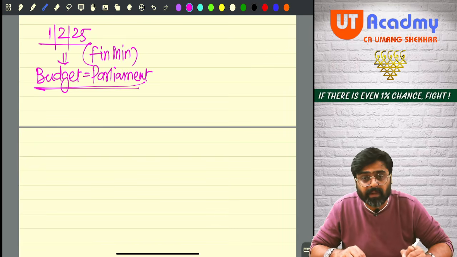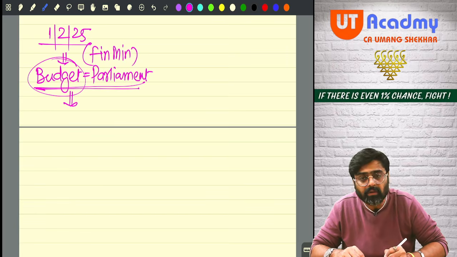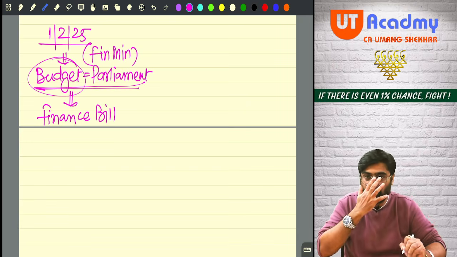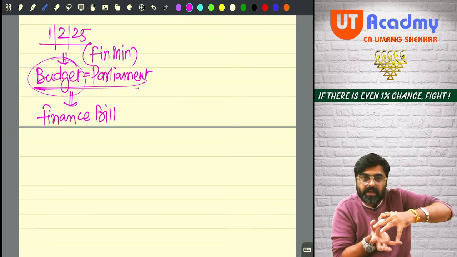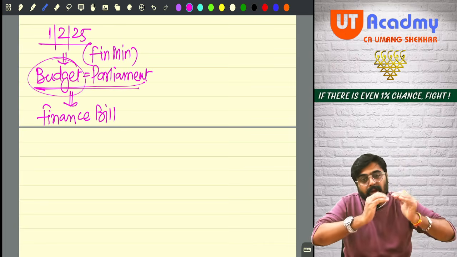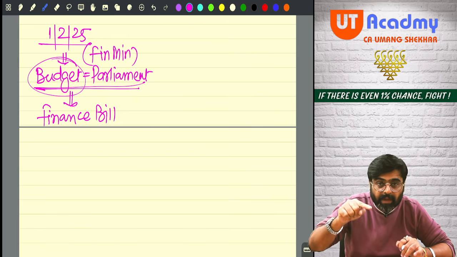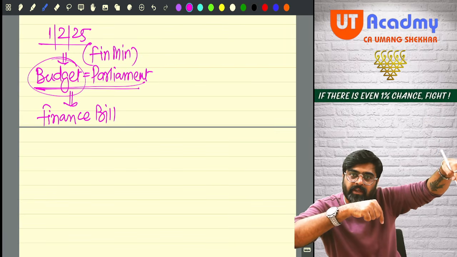And this budget, my dear friends, is known as finance bill. This bill will be applicable. This budget is for 25-26, and this budget is coming on 1st February 25, applicable for 25-26.